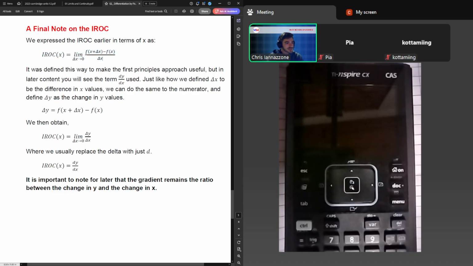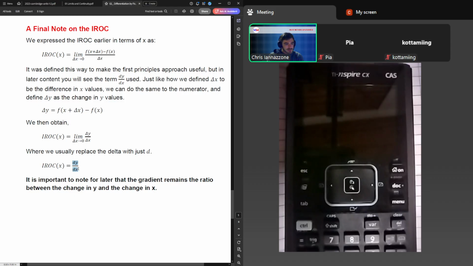So what they do from here instead is to say, okay, this was useful for limit math, but if we're not going to do limit math, then we can say, all right, this whole numerator is just delta y, right? It's just a change in y values, your rise over run. And so let's just replace that whole thing with delta y, and then let's just knock this whole limit thing off and just call this dy dx. Instead of using a delta, we're going to use a d.